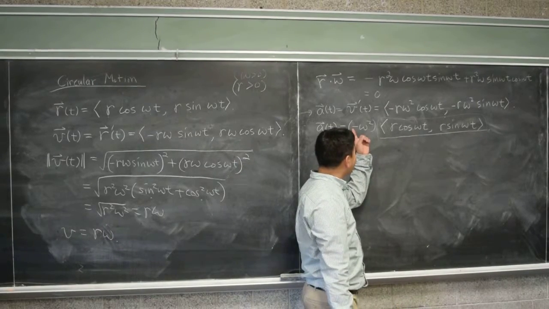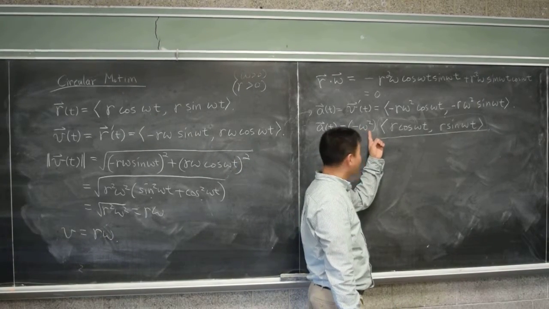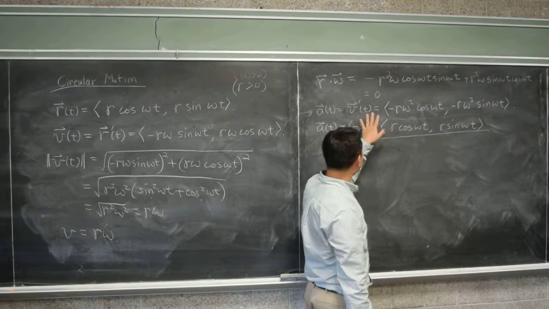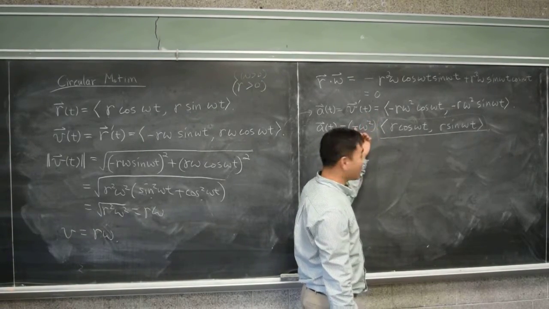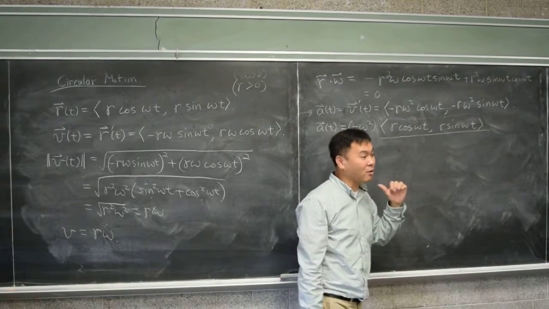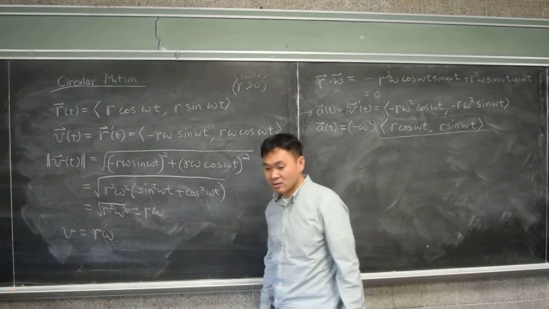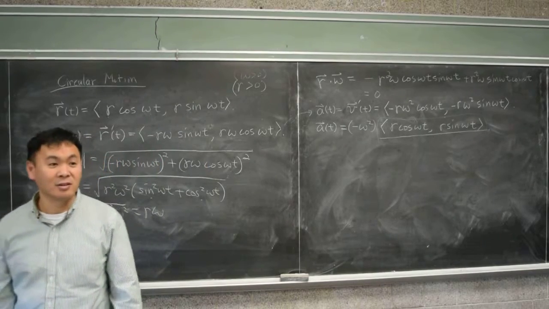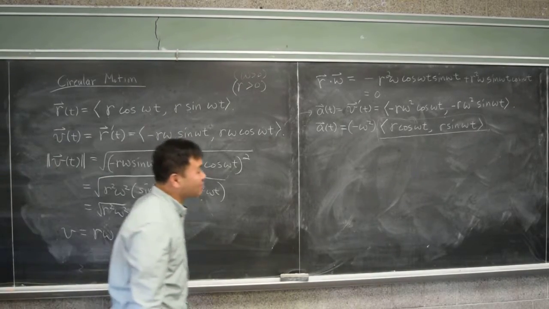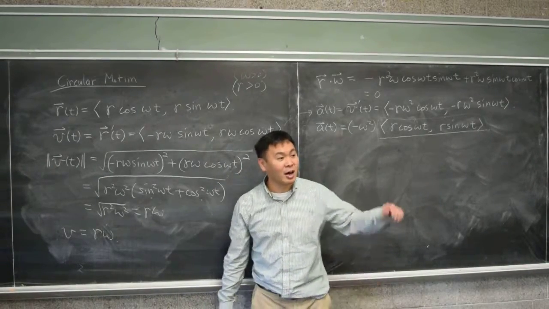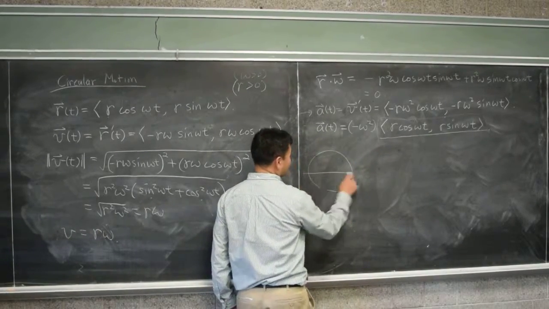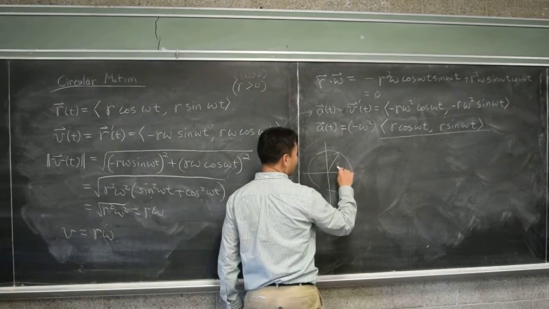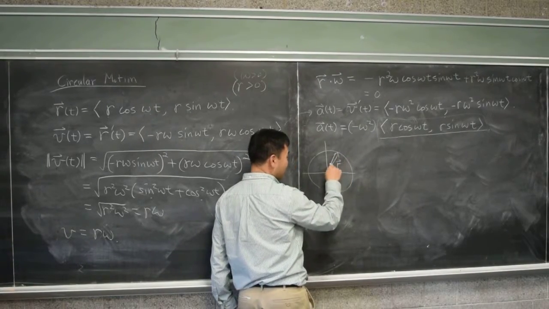You're multiplying by negative of omega squared. So let's forget about the size and just focus on the direction. It's negative of r. What does that mean? The direction of the acceleration is opposite of what? The position vector. So in this circular motion, this is r. Where's the direction of acceleration?